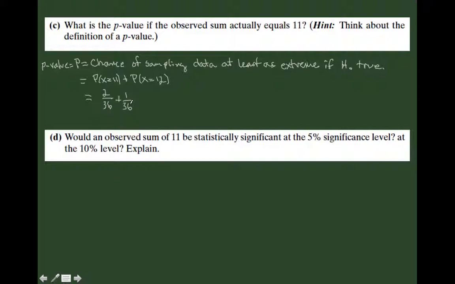There's only one way to roll a 12 out of 36. So our p-value here would be 1/12, or about 0.083 approximately.